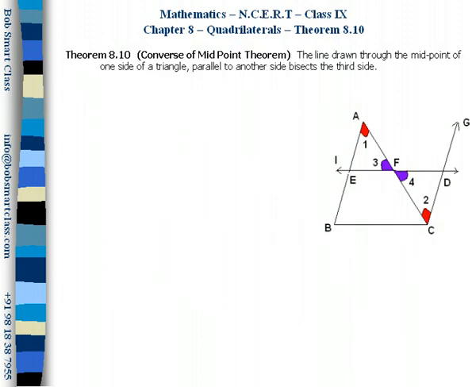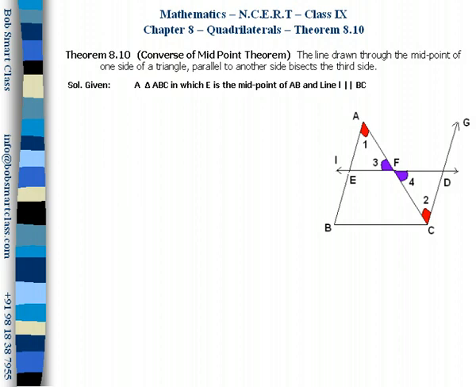Next theorem is 8.10. It is the converse of the midpoint theorem. The line drawn through the midpoint of one side of a triangle parallel to another side bisects the third side. Solution.